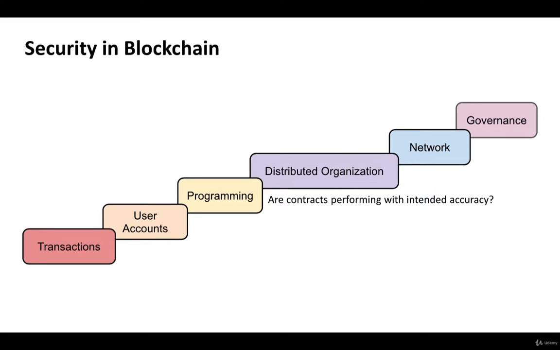After looking at the transaction level, user account level and programming level, next we look at the distributed organization level. Are sound operational practices used? That means, are the practices being followed smart and sound, or is there any risk with autonomy among the peers?